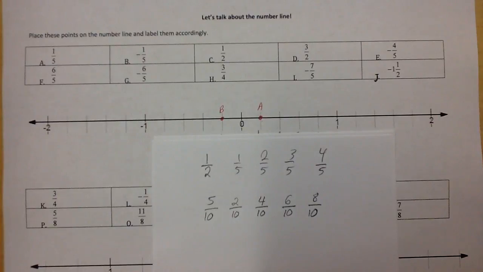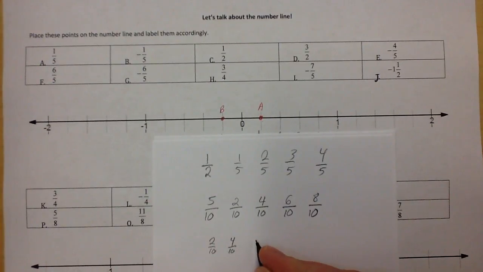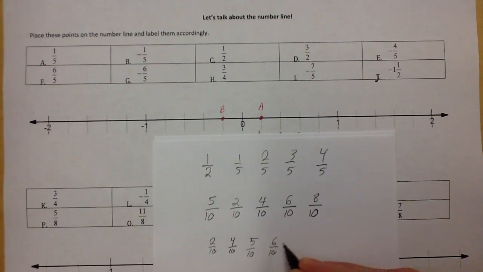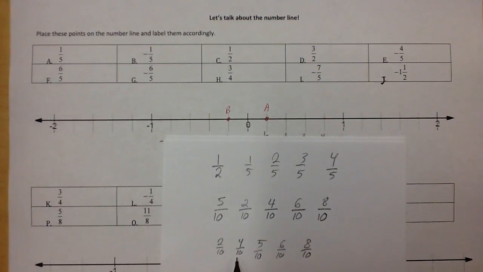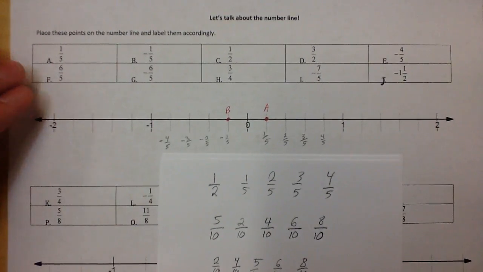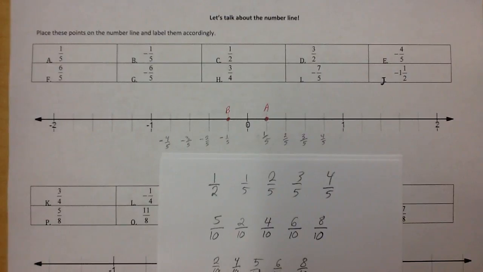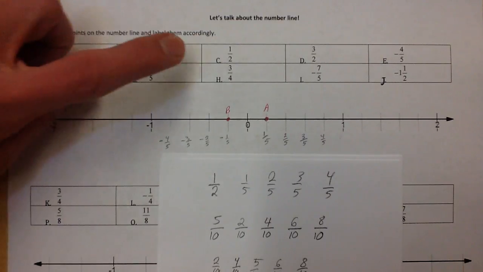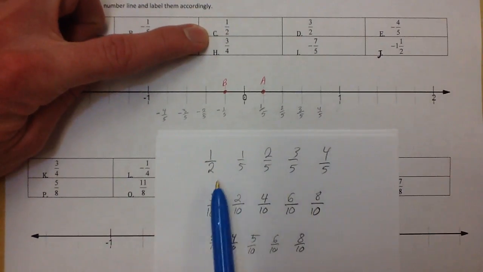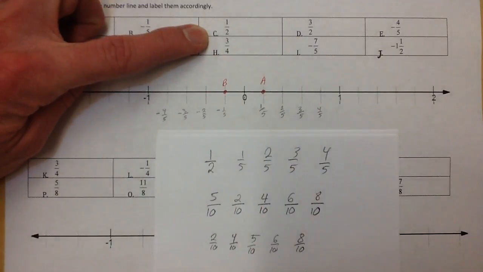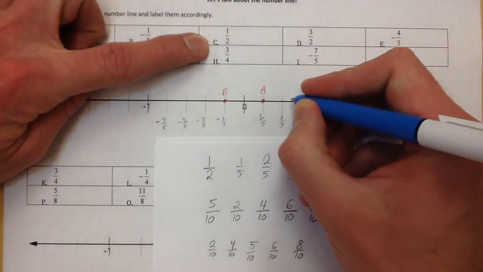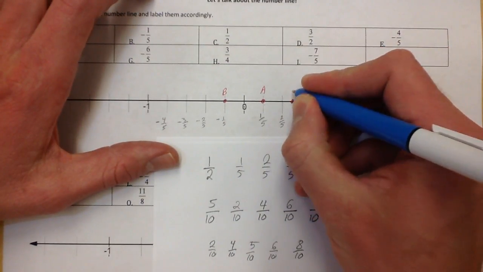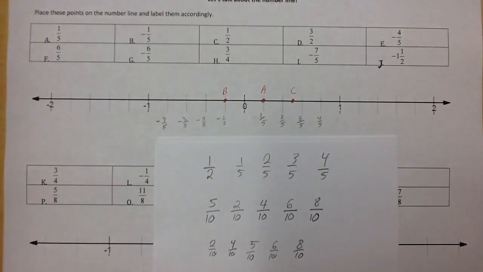They're drastically out of order, so let's put them in order. 2, 4, 5, 6, 8. So obviously 5 tenths comes between 4 tenths and 6 tenths, and it is exactly halfway in between them. Therefore, we know mathematically where this point falls. So we're going to put a dot right there. We're going to call that dot C.